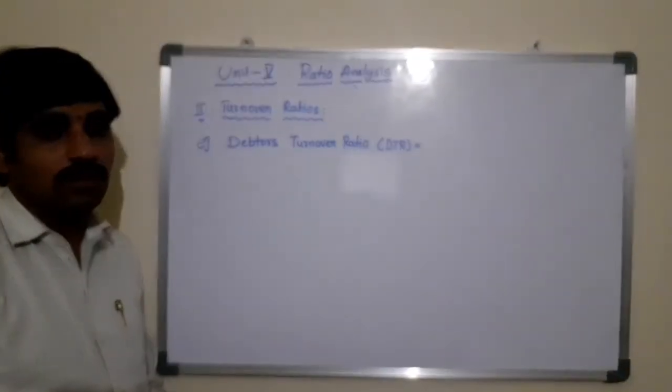This turnover ratio is used to determine the number of times the stock is selling on credit basis. So it is also known as the receivable turnover ratio. It establishes the relationship between credit sales and average debtors. Means the debtors turnover ratio establishes the relationship between the credit sales and the average debtors.